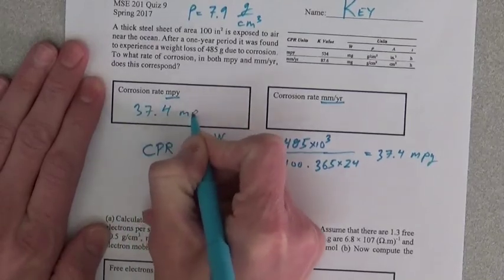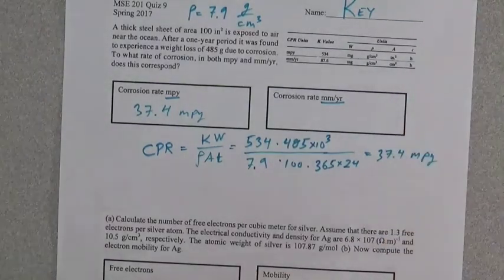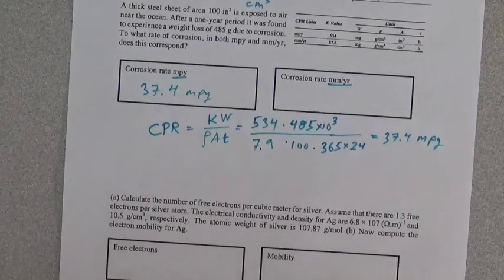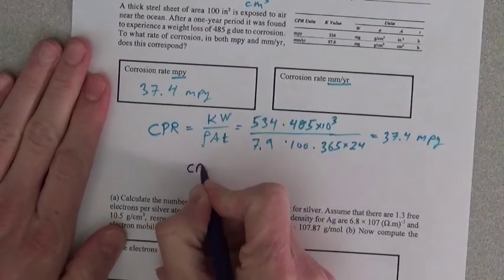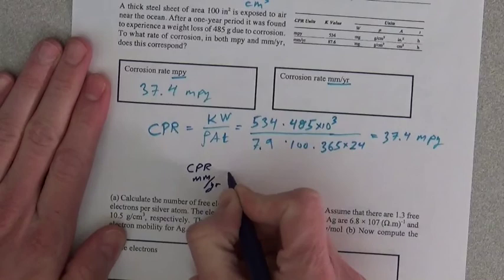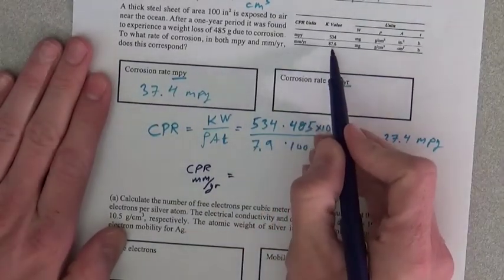37.4 MPY. If, on the other hand, we wanted a corrosion rate in millimeter per year, then we have to change that. CPR, K value now is 87.6.